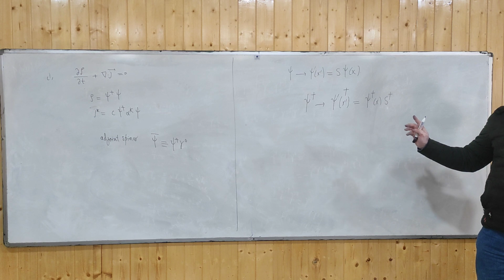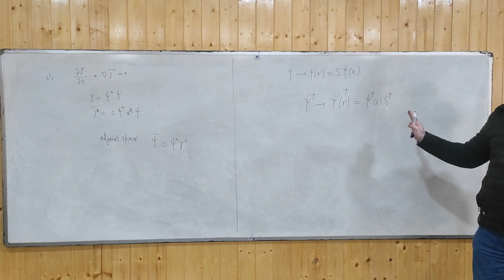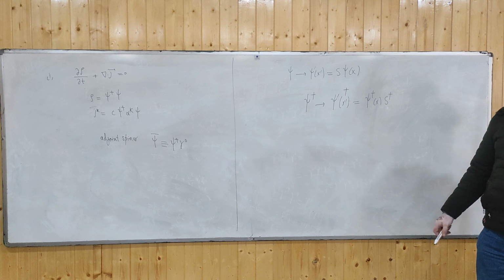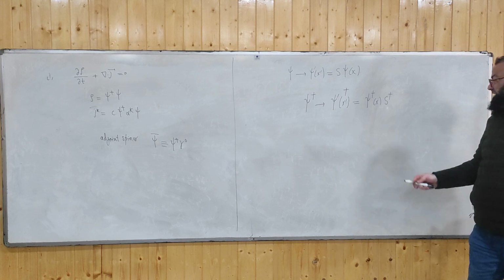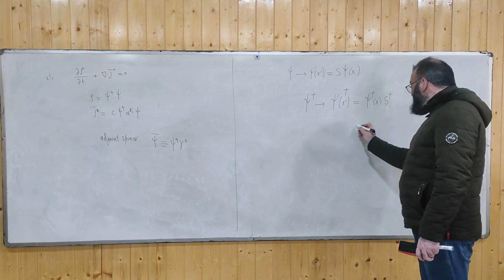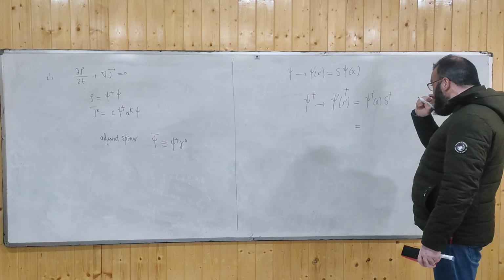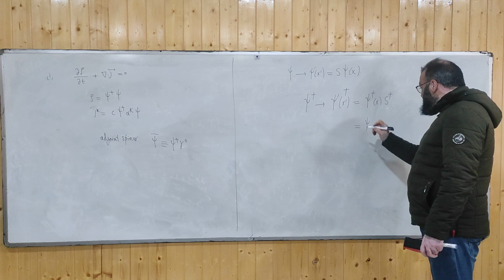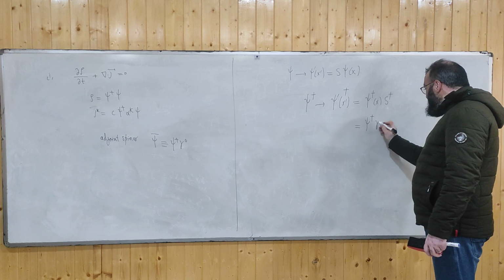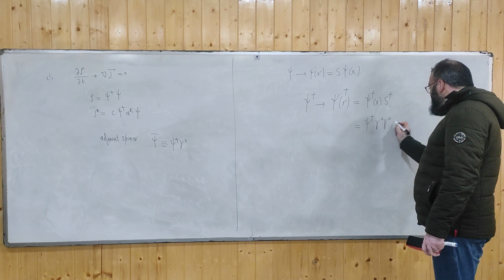S dagger is not equal to S inverse. What makes it S inverse? Using the gamma matrices. So I will put it in this fashion: psi dagger gamma naught S dagger.